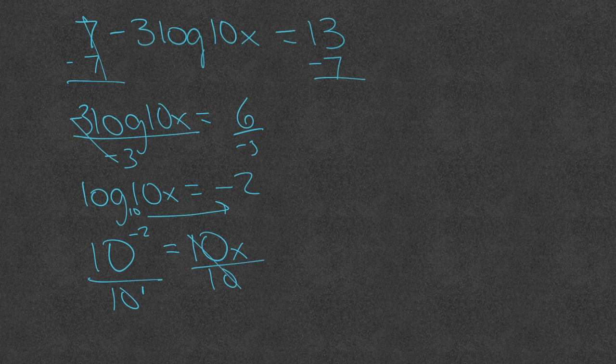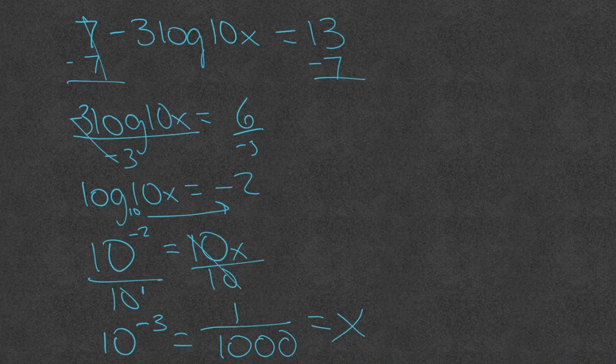If we have negative 2 over a 1, and they're both in the exponents, we use subtraction. So 10 raised to the negative 2 minus 1 is 10 to the negative 3, which is 1 over 1,000, which is our x value. Hopefully now you can see that it's a little bit more complicated. The next one is going to be on you, so I want to see you try it.